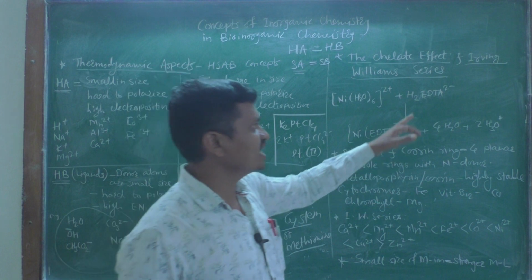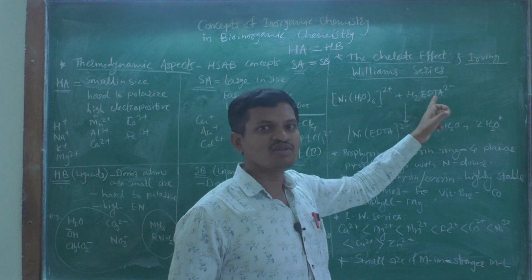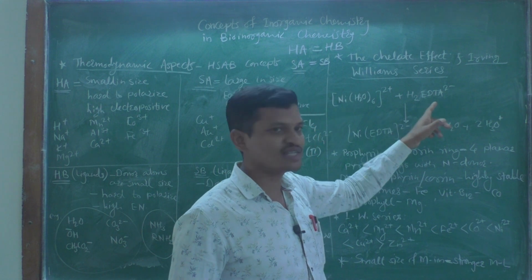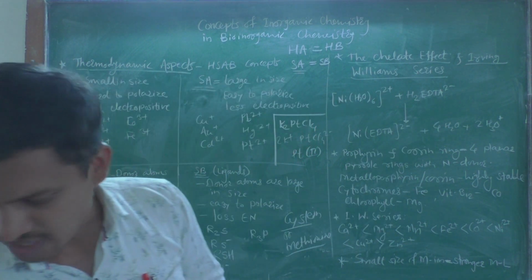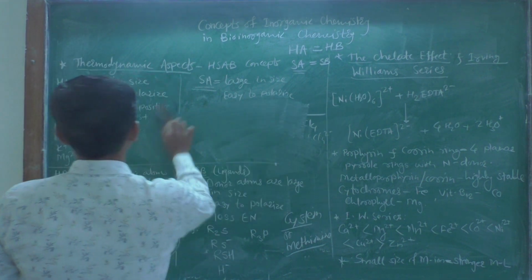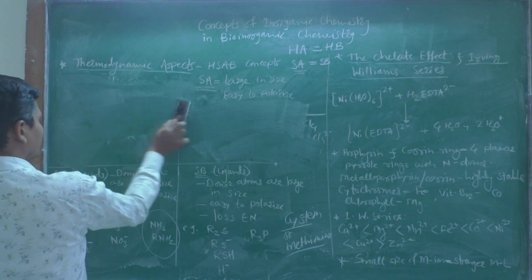This EDTA is a polydentate ligand, more specifically a hexadentate ligand. It has 6 donor sites. I am trying to draw the structure of this EDTA.